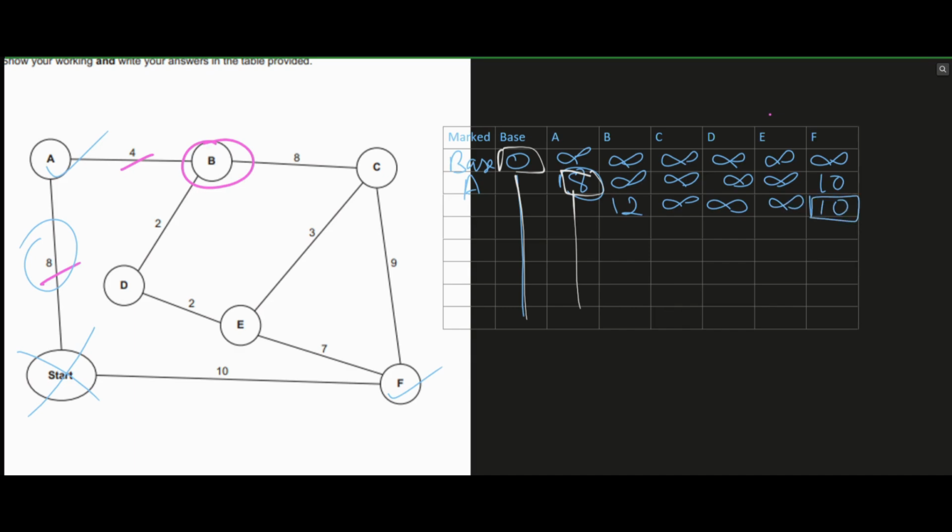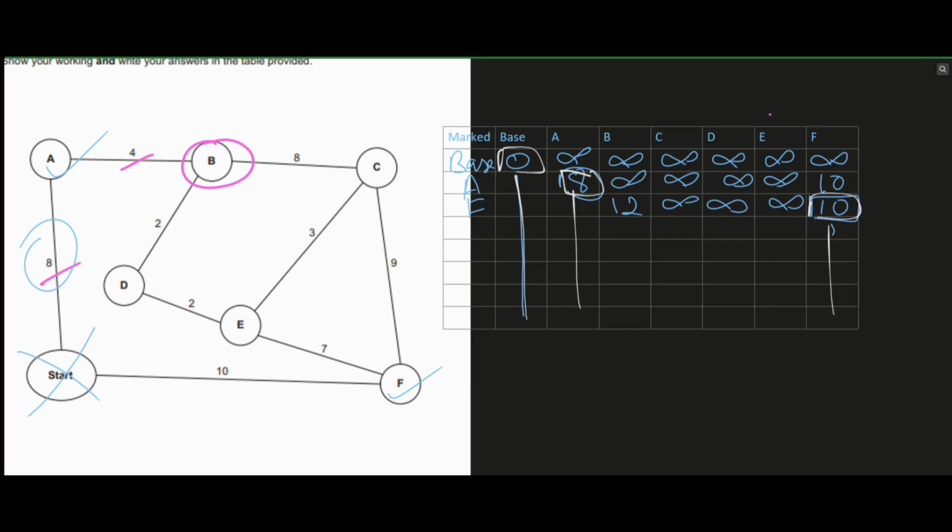The shortest one is 10, so that is F. I can keep it marked as F.